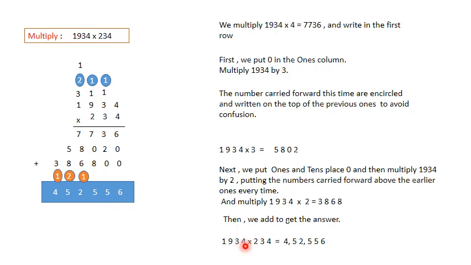1934, when we multiply by 234, we get 4,52,556. These 3 examples you will just copy down in your notebook. Come on, start writing.